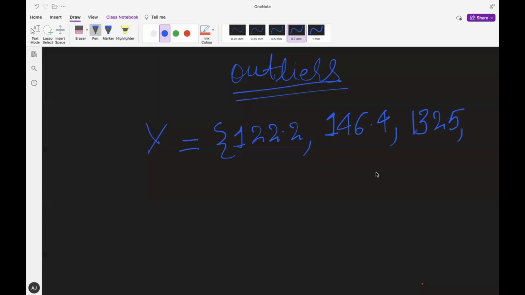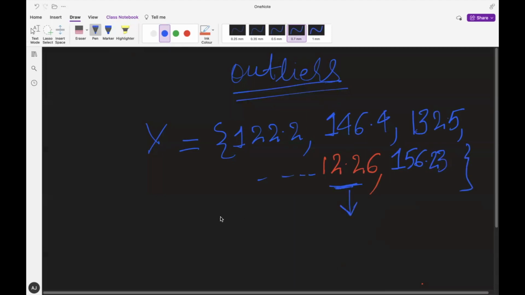So when I picked a lot of observations like this, let's assume I pick an observation which is, let's say, 12.26. And then I got another observation which is, let's say, 156.23, et cetera. Now you will notice that all of my numbers here are within a sensible range of what the height of a student could be, except this number 12.26, right?